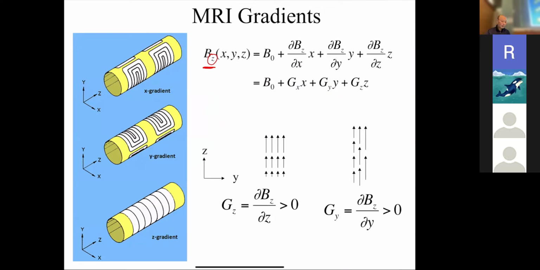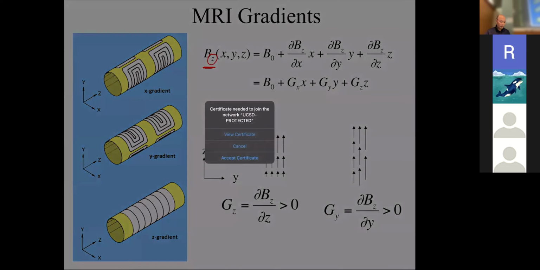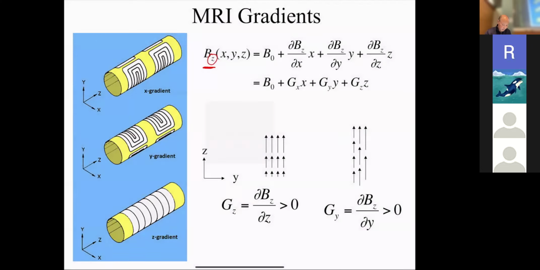And then transverse to that axis are the XY dimensions. So we're going to have a main field B0, and then you can imagine you can add on some variation of that varying in the X direction, the Y direction, and the Z direction.